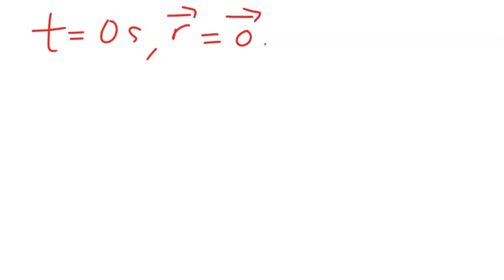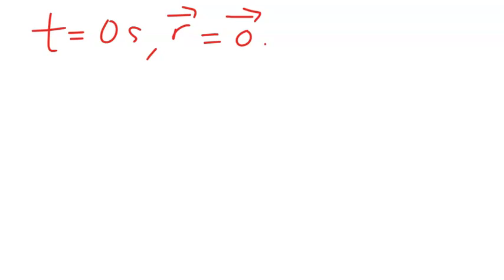Now we are also told that at t equals 0 seconds, the object is at the origin. That means the position vector r is 0. And we shall use this information to figure out what the integration constant is.